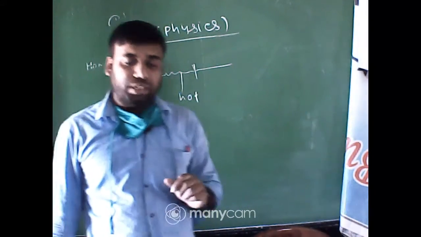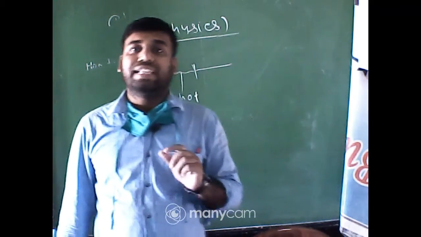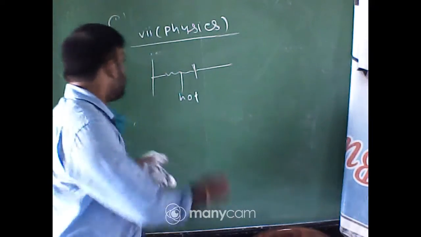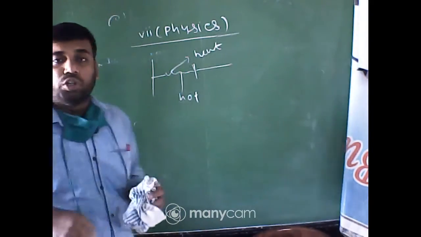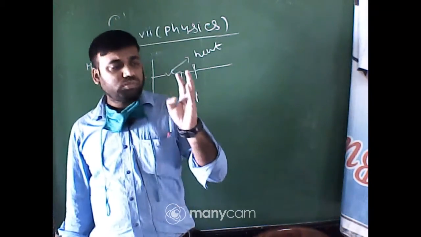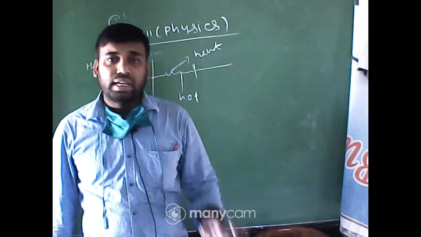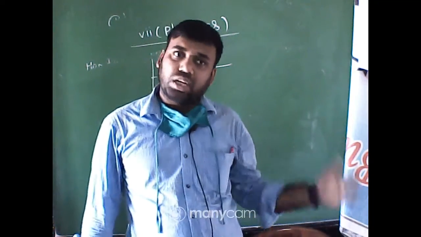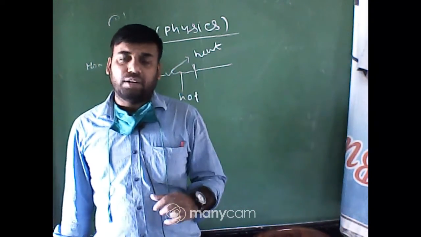That is the heating effect of electric current. Some amount of heat is produced here. That amount of heat depends on the material of the wire, thickness of the wire, length of the wire or conductor, and cross section area of the conductor.